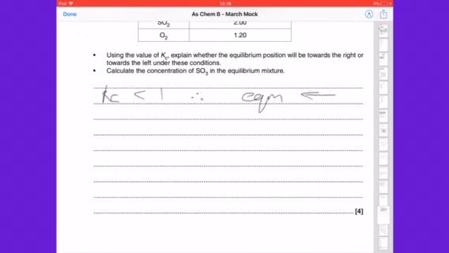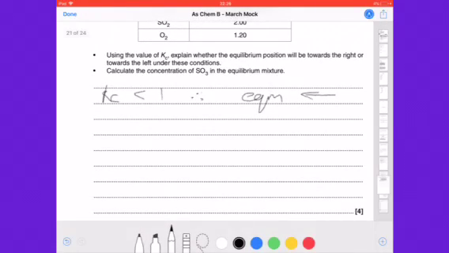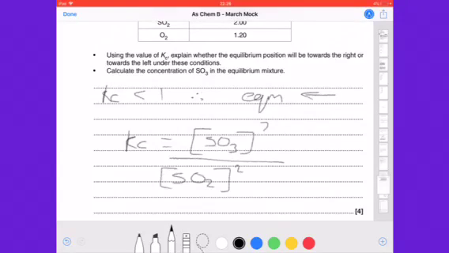Now, the Kc expression for this reaction is Kc equals the concentration of SO3 squared divided by the concentration of SO2 squared multiplied by O2.